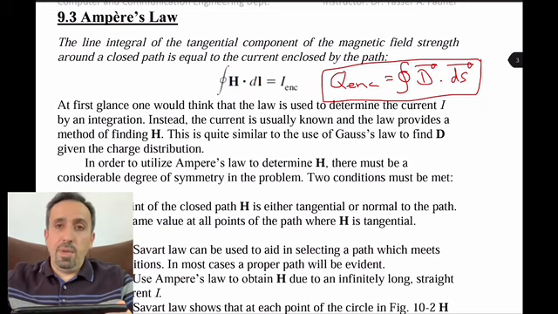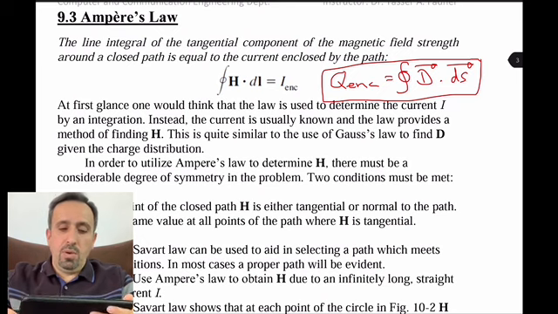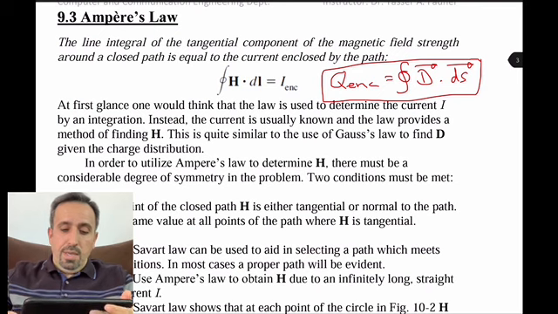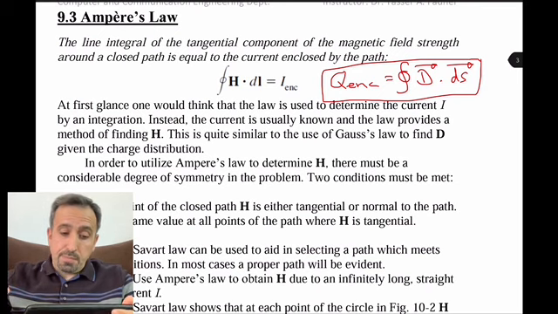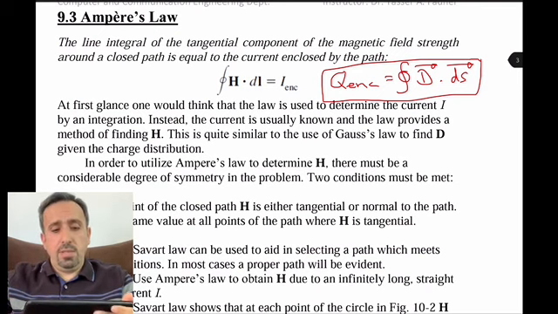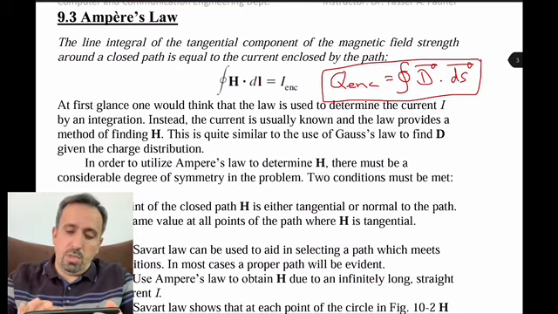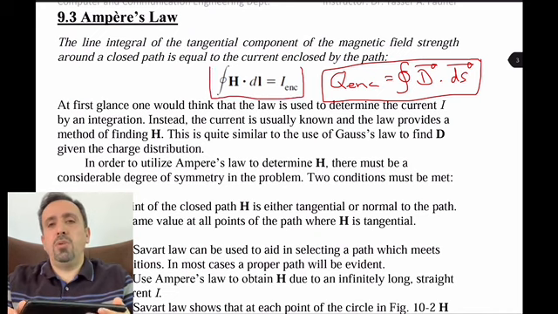Here in Ampere's law, somewhat similar to what was discussed in Gauss law, but this time we give importance to the current enclosed, I enclosed. So the formula says the closed integral of H dot dl equals I enclosed.